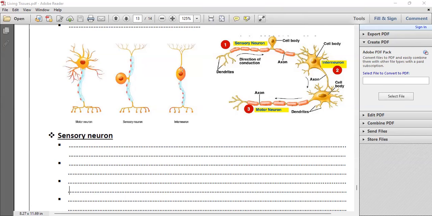So we're writing about the sensory neurons. Transmit impulses from the sensory organs to the central nervous system.